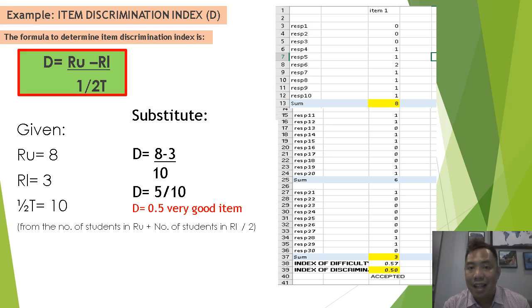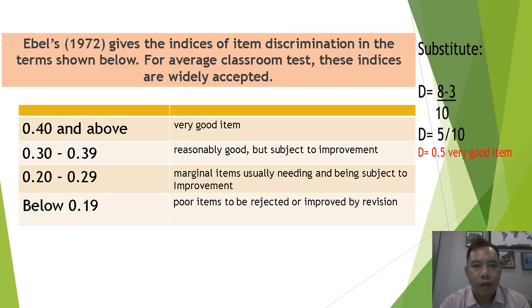On the next slide, we have our scale for that. Here on your screen is the scaling on how to determine the index of discrimination. Based on our example, the 0.5, which is a very good item, belongs to 0.40 and above.